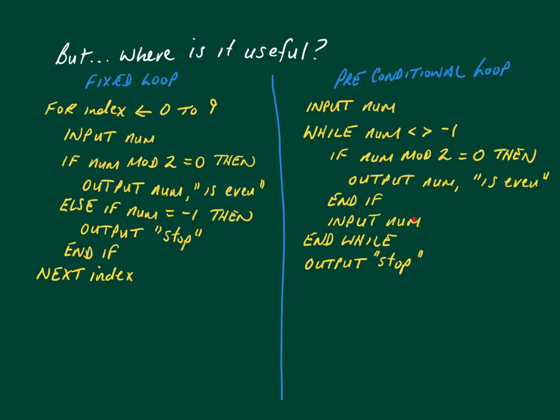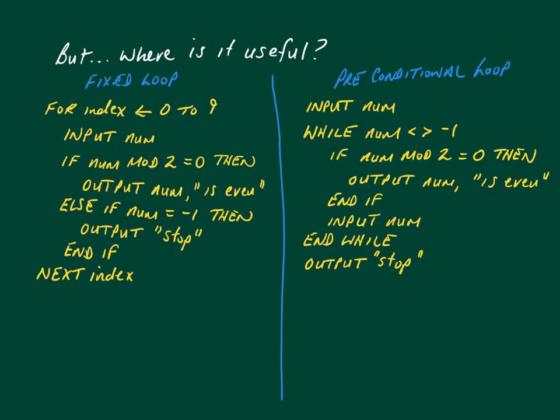And then the last thing it does inside the loop is it gets the number again, whereas previously in the fixed loop it was the first thing it did. And then we end the while, and it loops around like that. Once we get out of the while loop, i.e. when the condition is false, so the number is -1, it drops out of the loop and outputs stop.